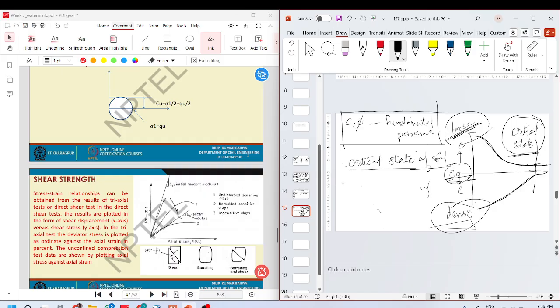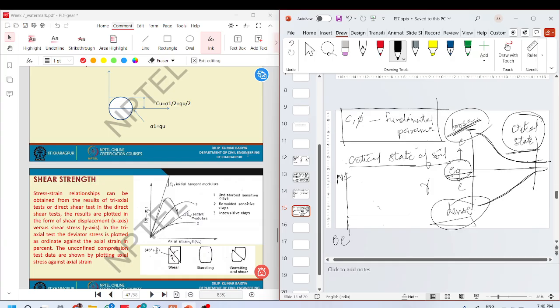so the same kind of thing happens with fine grained soils where you have a normally consolidated and an over consolidated soil. You try to shear these and you will see that they will try to reach a critical void ratio.